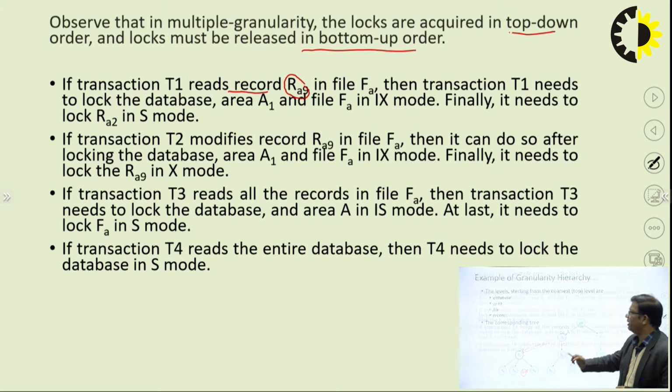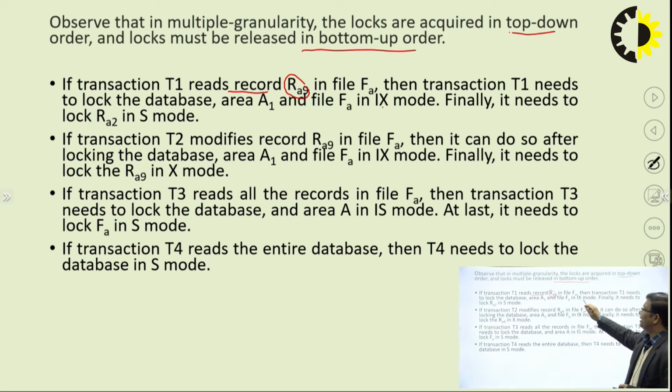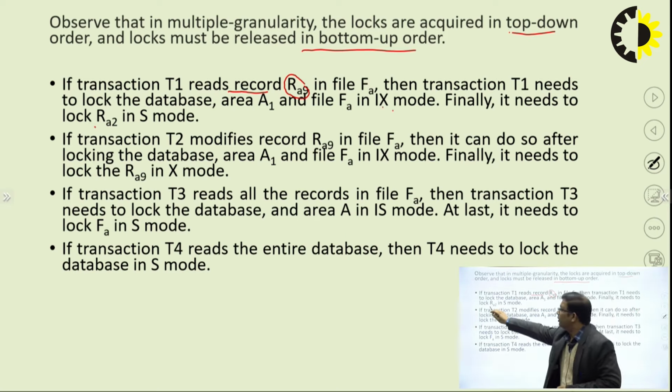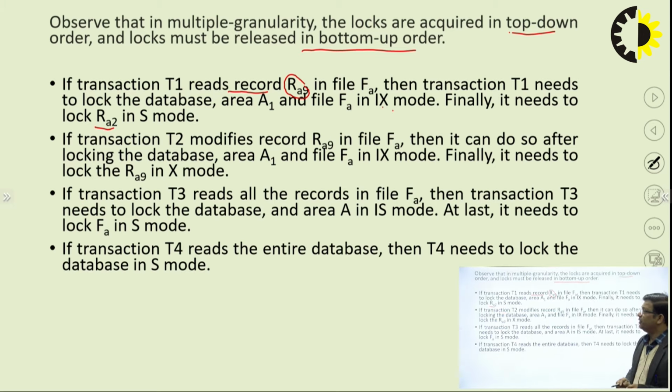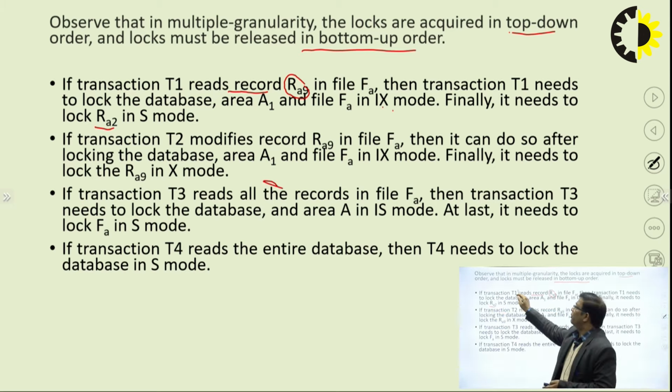These two should be locked in intention exclusive mode. Finally, it needs to lock RA9 in shared mode, just because T1 is a read operation. So that's why RA9 is in shared mode only.